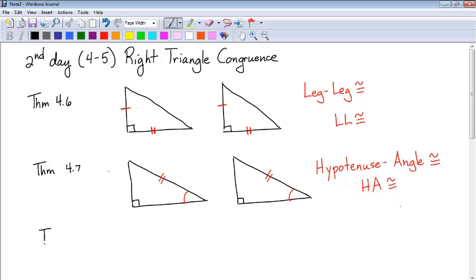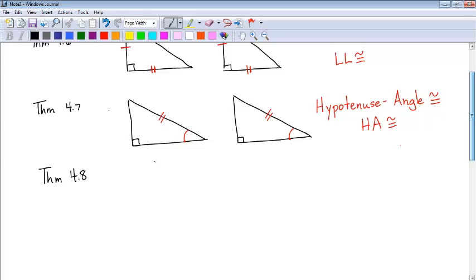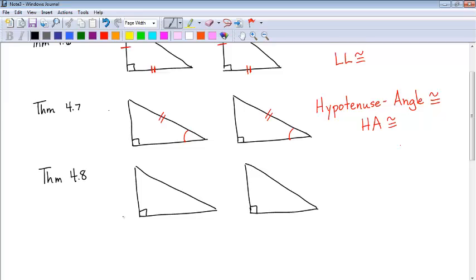The third one is theorem 4.8. Same thing, draw 2 more triangles. Right angles, right triangles. Label those right angles.